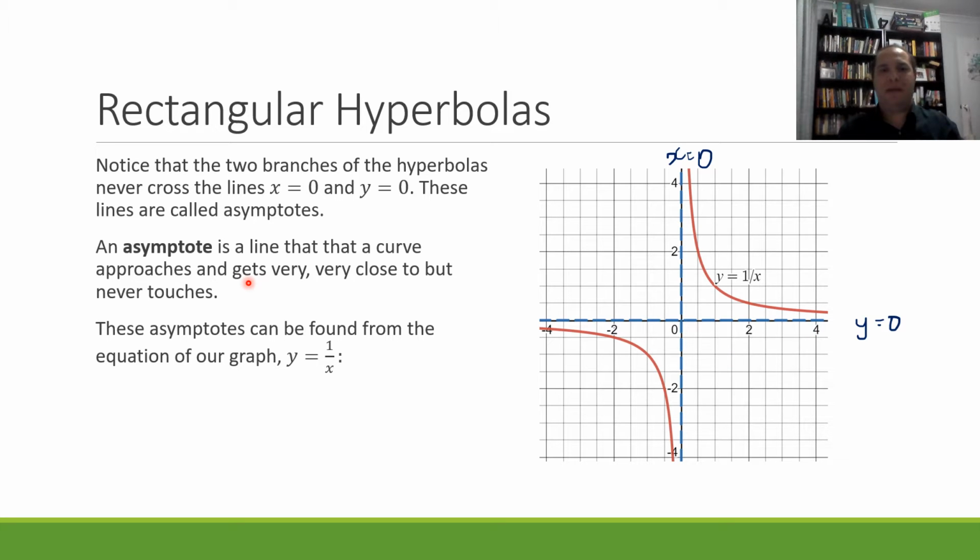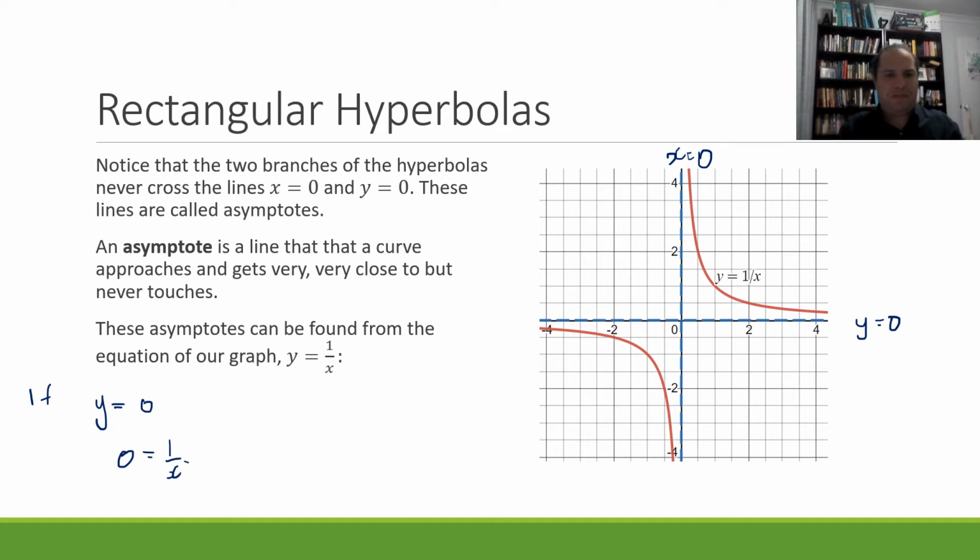Asymptotes mean that our curve gets very, very close to that line without actually touching it as you go further and further along. Now these asymptotes can be found using the equation of our graph y equals 1 over x. So we can say if y equals 0, then we have 0 equals 1 over x.